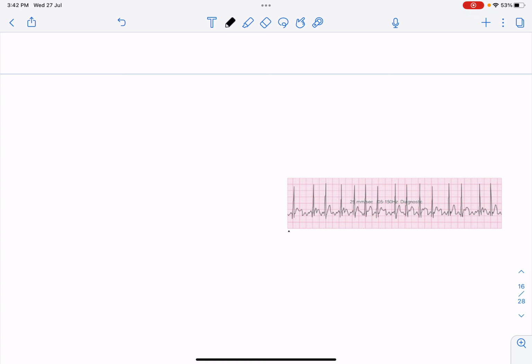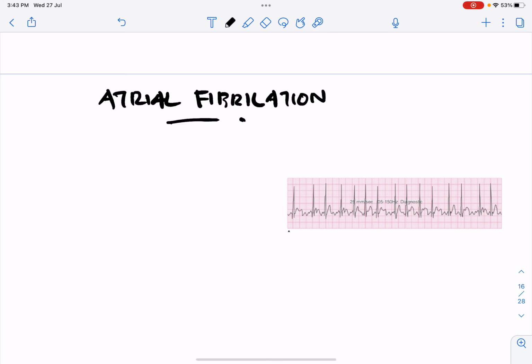Moving on to narrow irregular tachycardia, we have atrial fibrillation. So the ECG features of atrial fibrillation include, first one, absence of an identifiable P wave.